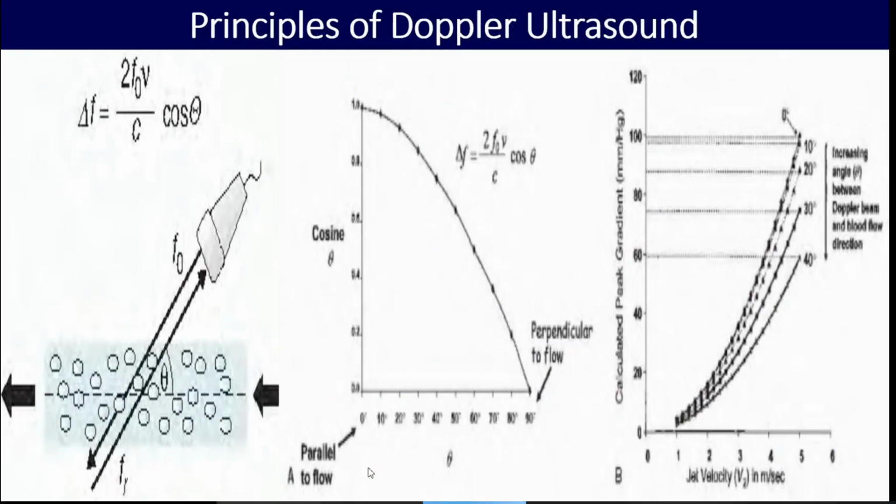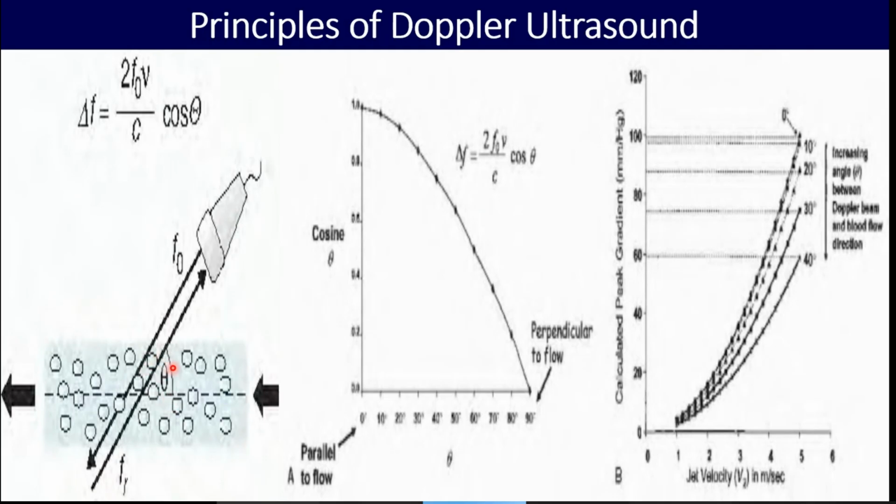A couple of things we need to know about the Doppler shift is that this equation, which is the change in the frequency called Doppler shift, is dependent upon the transmitted frequency and the reflected frequency. What is the frequency of transmission, and what is the frequency of the reflected frequency which is received by the transducer, and the angle of interception. This angle is called the angle of interception.